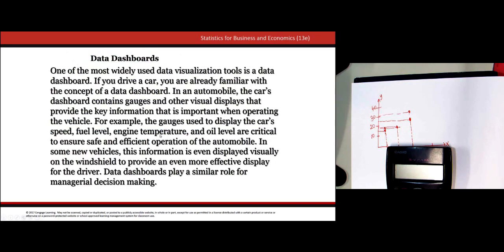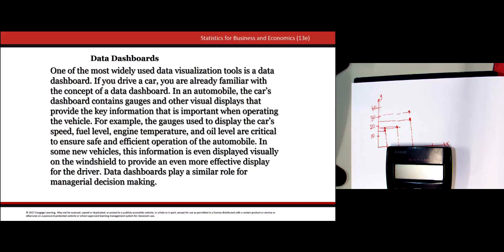And we will now briefly discuss data dashboards. The most widely used data visualization tool is the data dashboard. And if you drive a car, you are already familiar with the concept of a data dashboard. The car's dashboard contains gauges and other visual displays that provide key information that is important when operating the vehicle.